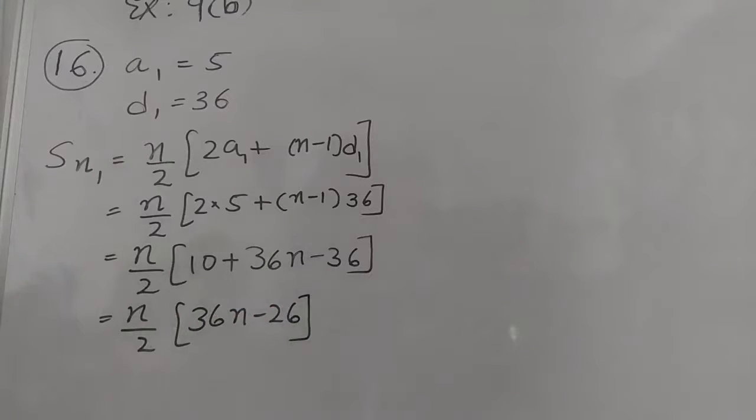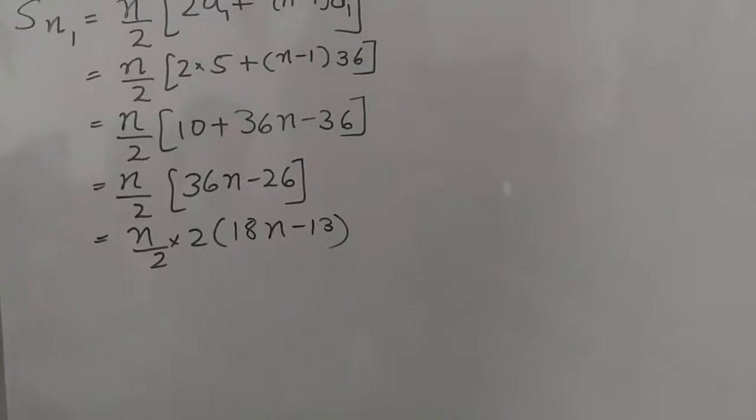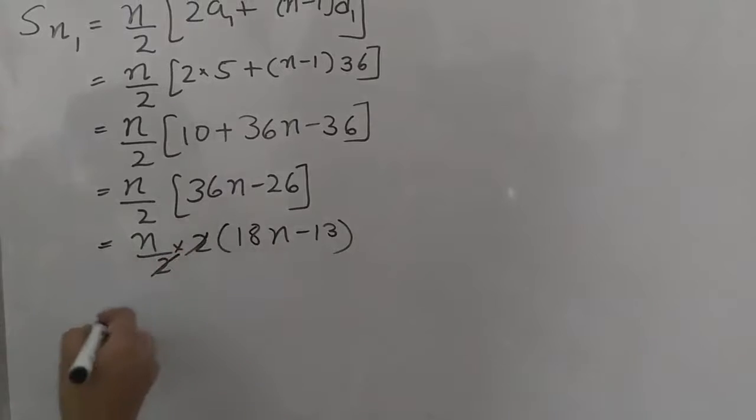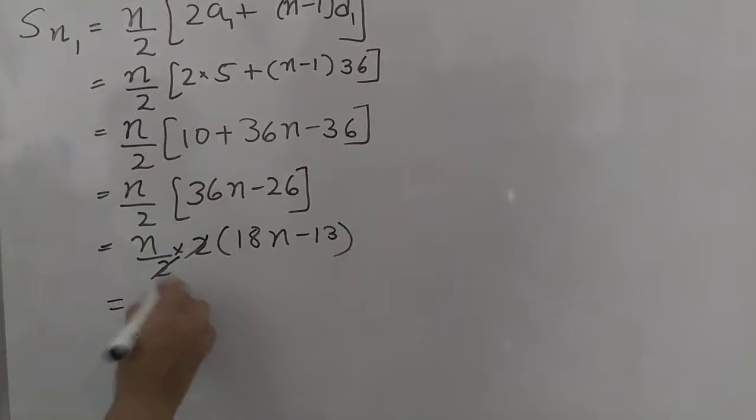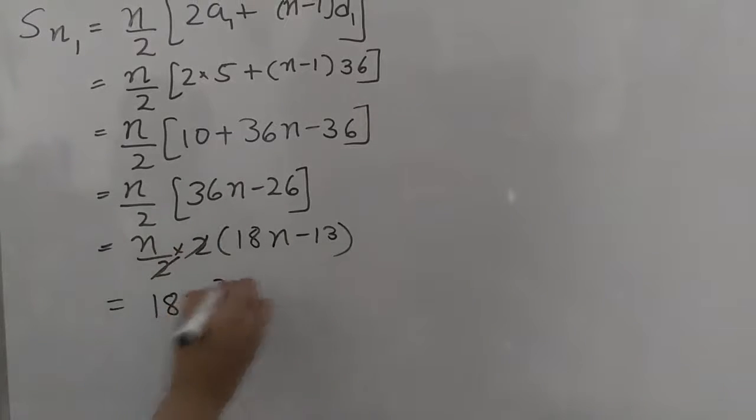This is all simple calculation. Now in n by 2 you can see 2 is common, so I can take 2 outside the bracket: 18n minus 13. This way you can reduce the bracket. So the 2 gets cancelled here and we get 18, and this n I multiply inside, so 18n square minus 13n. This is what I get on my left hand side, or you can say the answer for one AP.